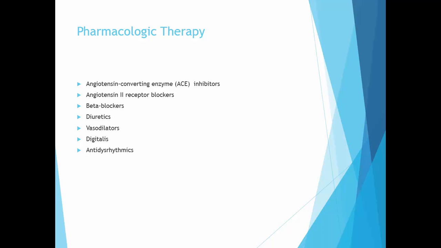Often they are treated with loop diuretics, that's like your furosemide. Your vasodilators help relax smooth muscles in the blood vessels, causing vasodilation. Examples are your nitrates, hydralazine. There is a new drug called BiDil, BIDIL, and that has been approved to treat heart failure in African Americans. Digitalis increases the strength of myocardial contraction and increases ventricular filling time.